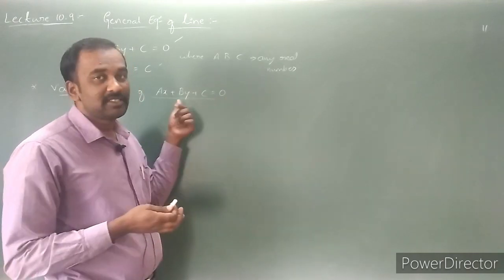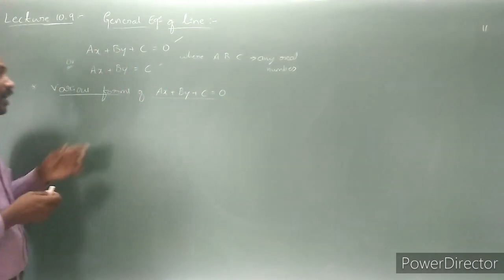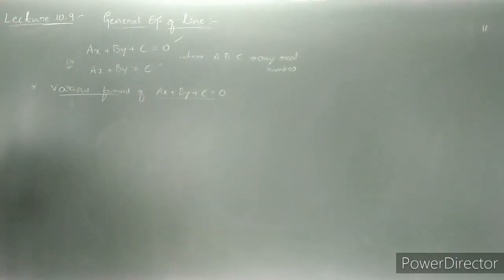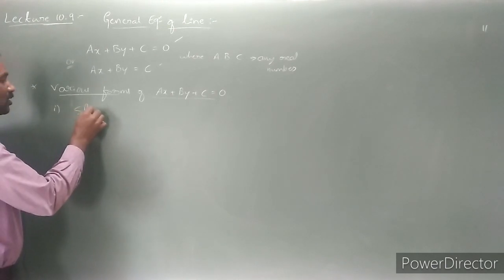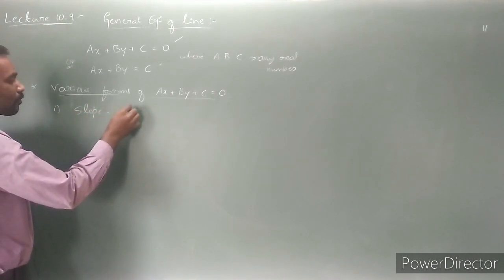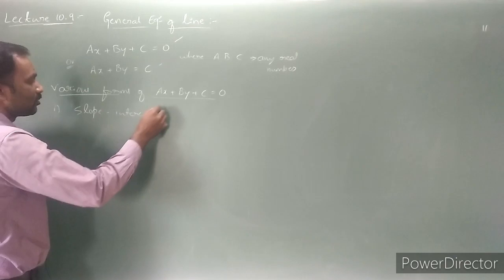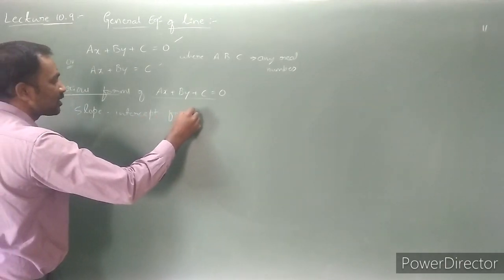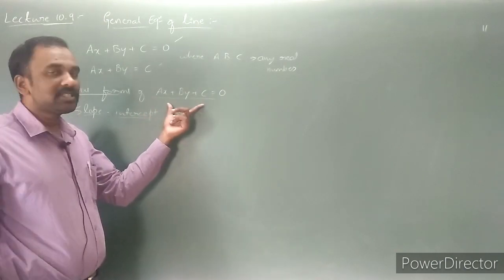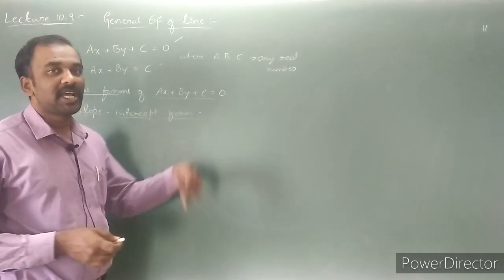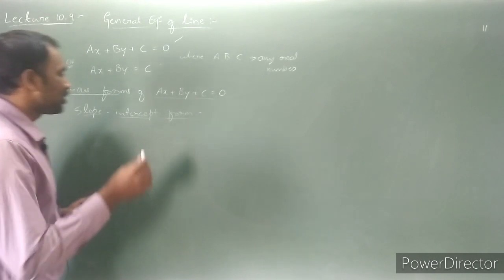We can write the general equation of the line in different forms. The very first form we study is the slope intercept form. I need to know how to express this general equation of the line in terms of the slope intercept form.